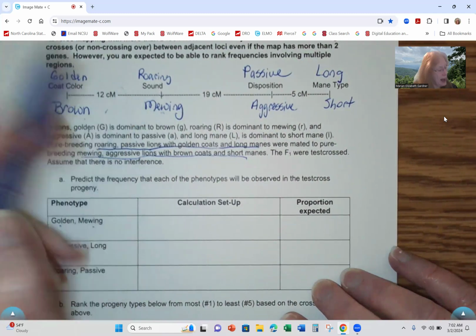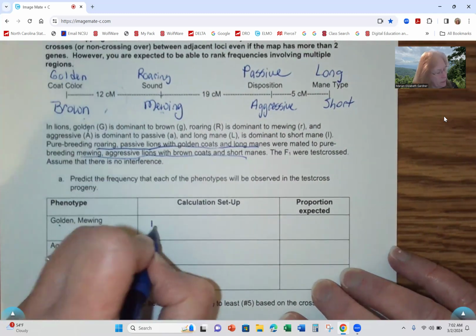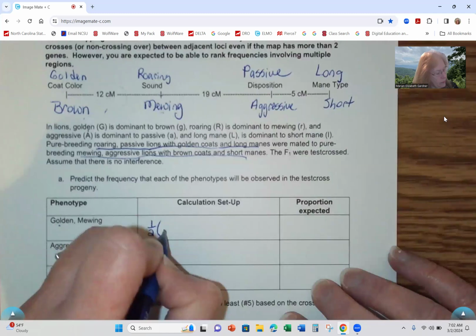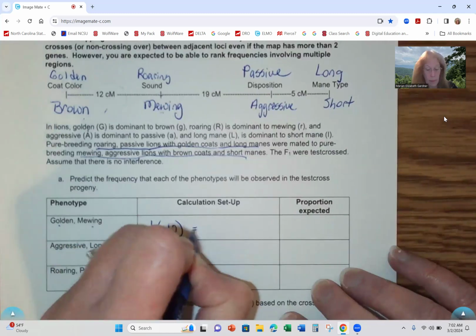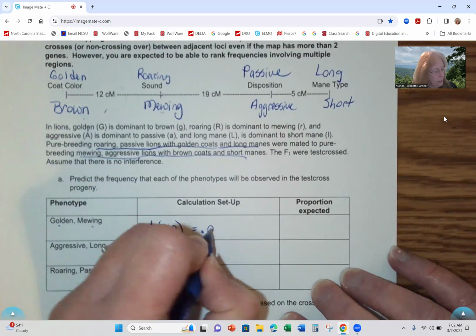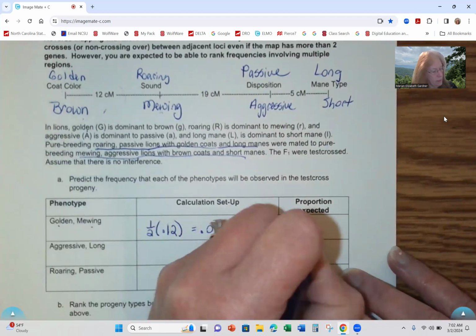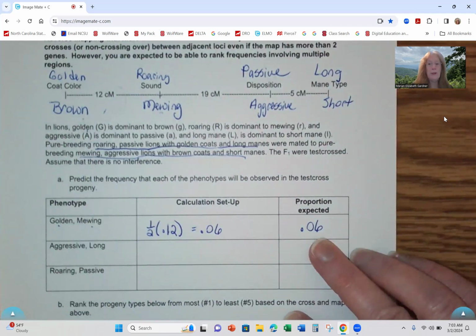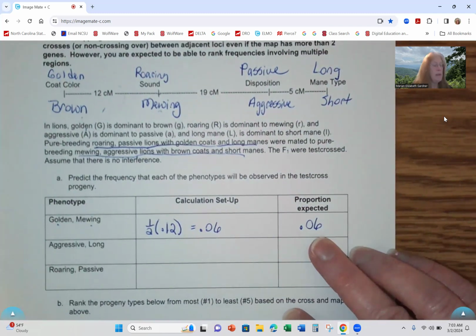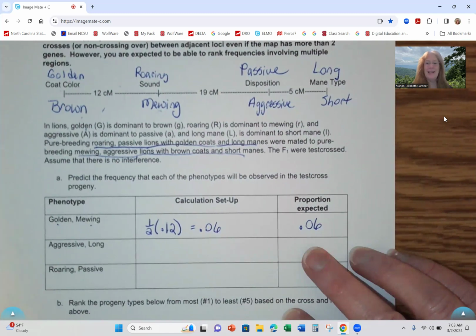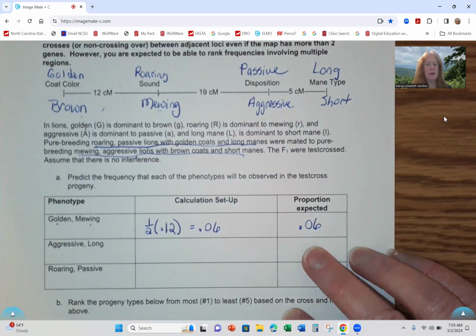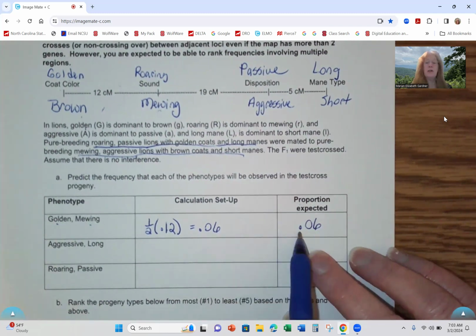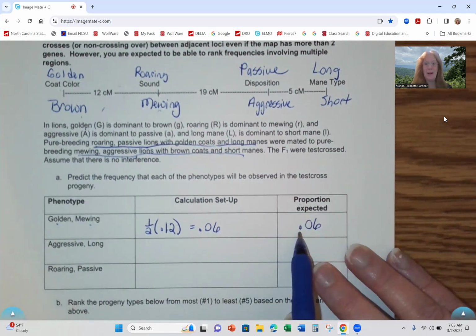So we'll take half of 0.12. So we expect a proportion of 0.06 or 6%. Be careful: if Moodle asks for a percentage, give them the percentage. If they ask for a proportion, give them the proportion. Here we're looking at proportions, so it's 0.06. Had this been a percentage, it would have been 6%.